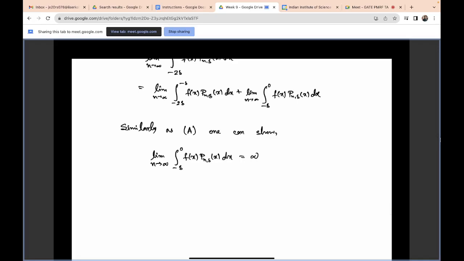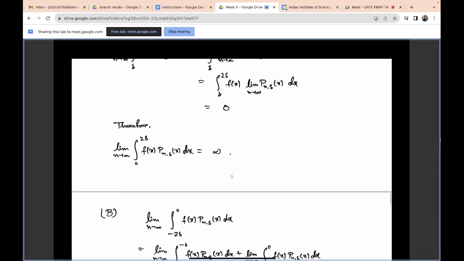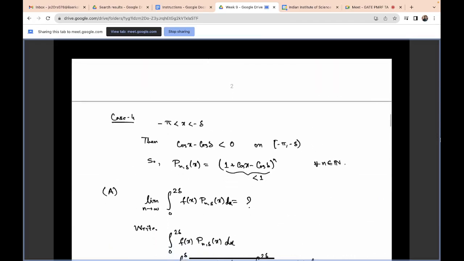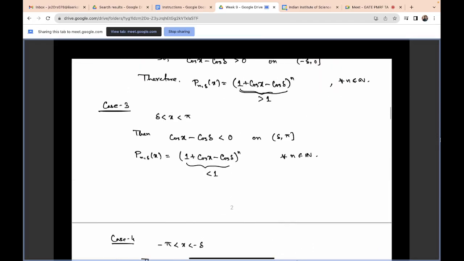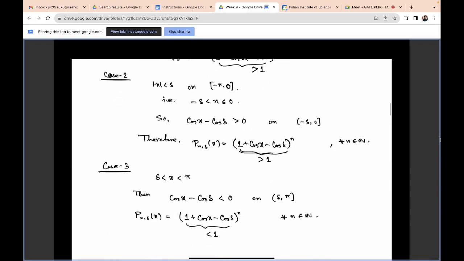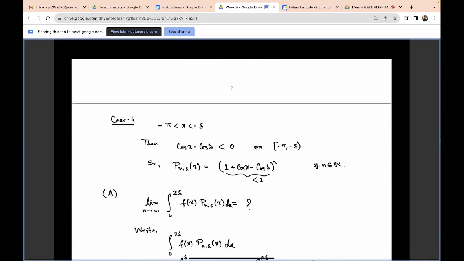And what happened to this part? Limit n tends to infinity, minus 2 delta to minus delta, f(x) p_n,delta(x) dx. Again in this part, minus 2 delta to 2 delta, you can use for this one I think case 3 minus case 4, minus 2 delta to minus delta.